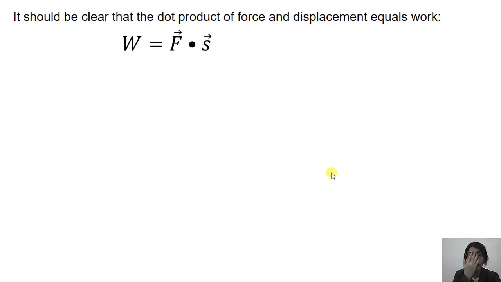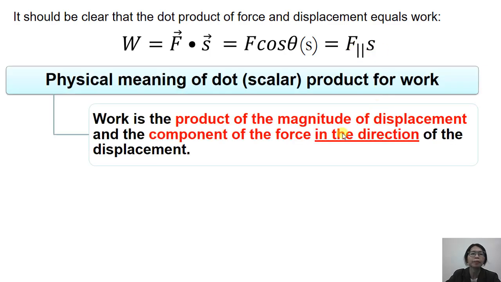So it should be clear that the dot product of force and displacement equals work, W equals F dot S. So we have F cos theta multiplied with the magnitude of displacement S. The F cos theta is the force which is parallel to the displacement.